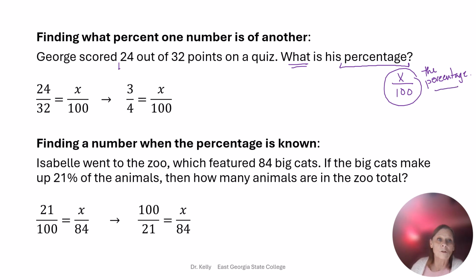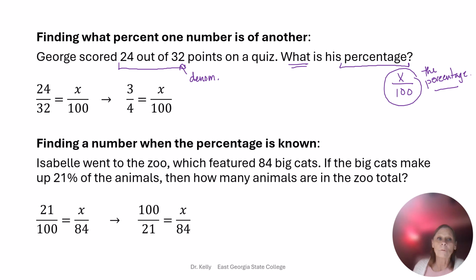Now here it says 24 out of 32 points, and we've already studied how to set these ratios and proportions up, so we know that the out of goes in the denominator. So we've got 24 out of 32 is equal to x out of 100.